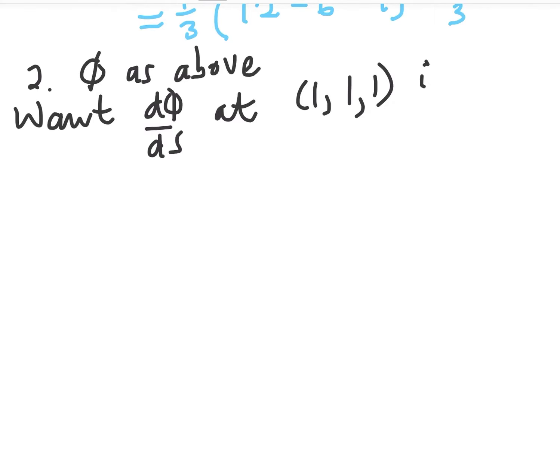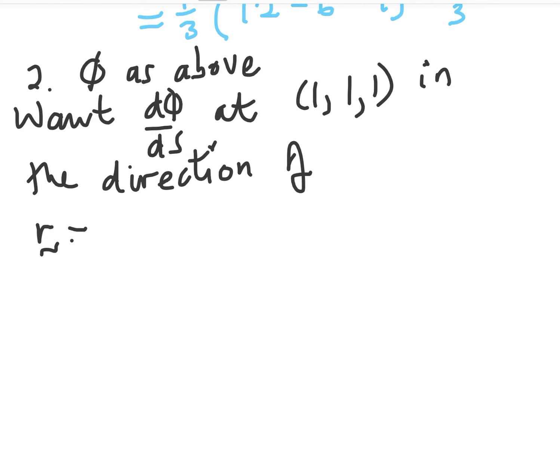In this case we are not given a vector in numerical form, but in the direction of some vector given in terms of a parameterized path. So we want the directional derivative in the direction of this particular path, which is the parameterized path cos t, e to the t, 3t plus 1.